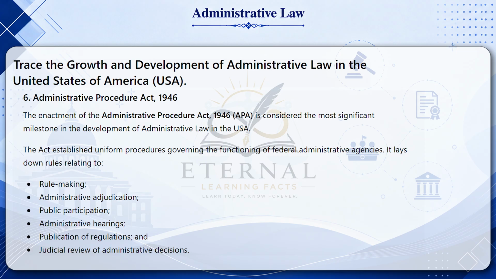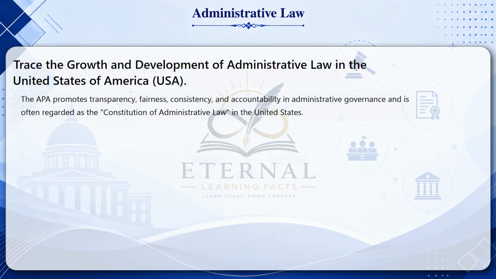It lays down rules relating to rulemaking, administrative adjudication, public participation, administrative hearings, publication of regulations, and judicial review of administrative decisions. The APA promotes transparency, fairness, consistency, and accountability in administrative governance and is often regarded as the constitution of administrative law in the United States.